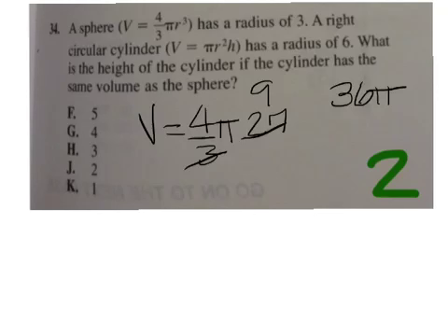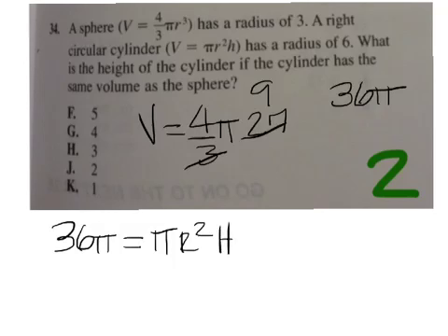That's for the sphere. What is the height of the cylinder if the cylinder has the same volume as the sphere? So 36 pi equals pi r squared, and we'll do r squared, and then we're going to have h. Okay, so we're looking for the height.